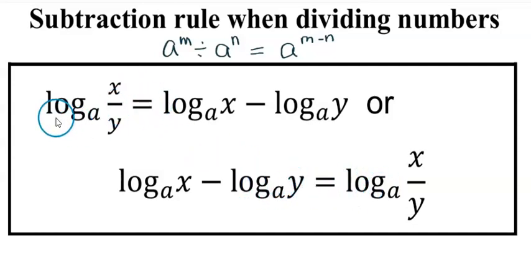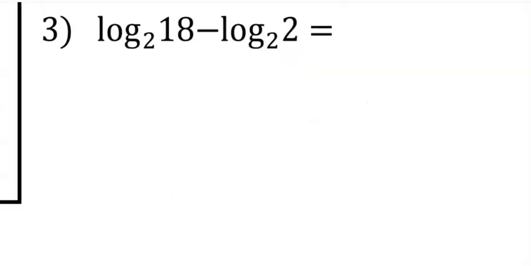The equal sign means from the left to the right and from the right to the left, both of them are true. Let us look at an example. We're going to use the reverse operation, so we're going to say this is log to the base of 2 of 18 divided by 2, and that is log to the base of 2 of 9.